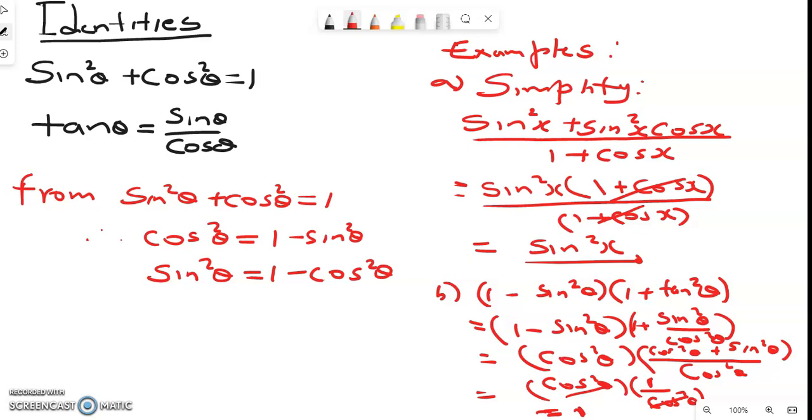Let us take one last example. It is going to be an identity where you are required to prove.